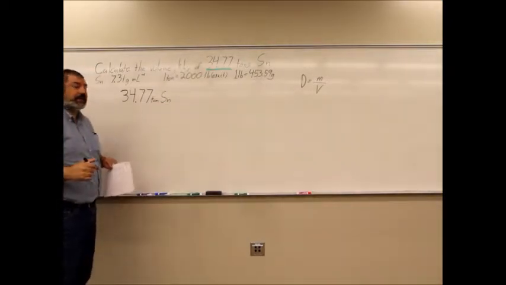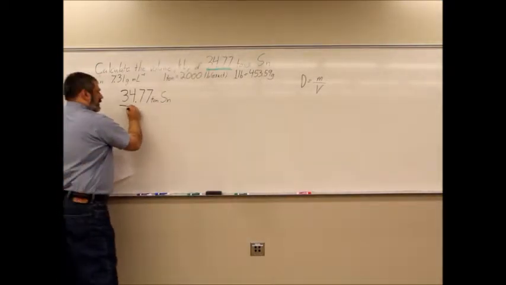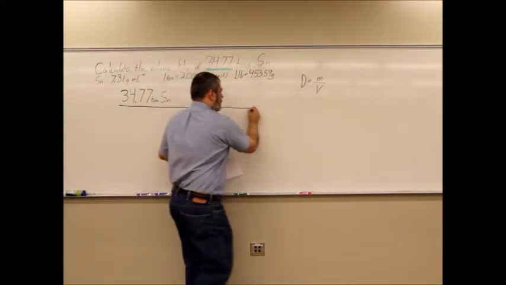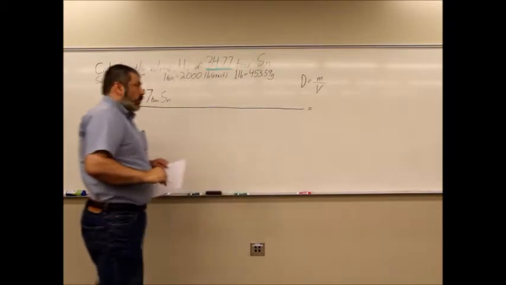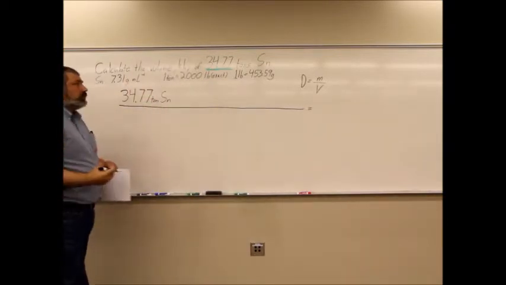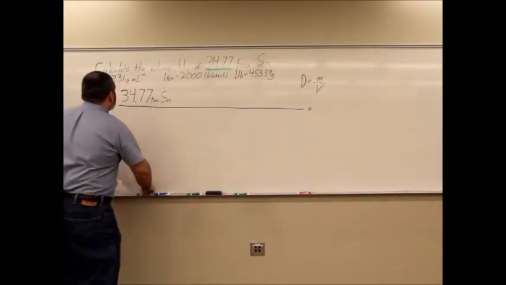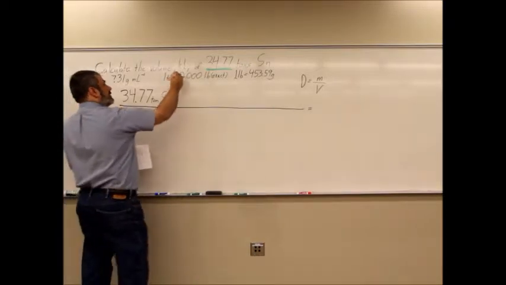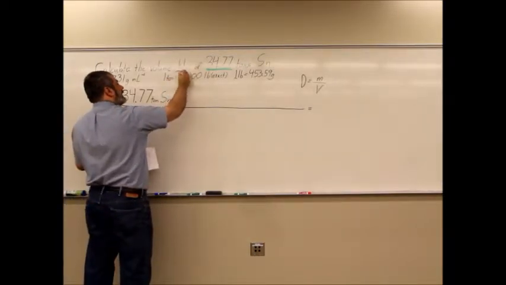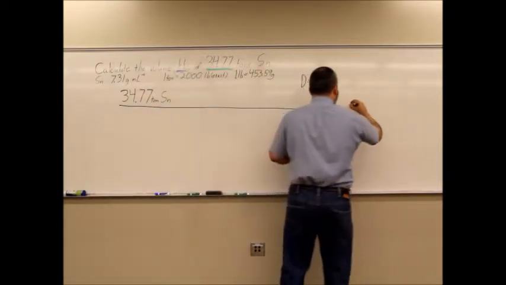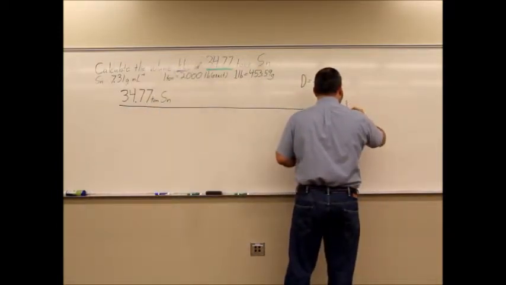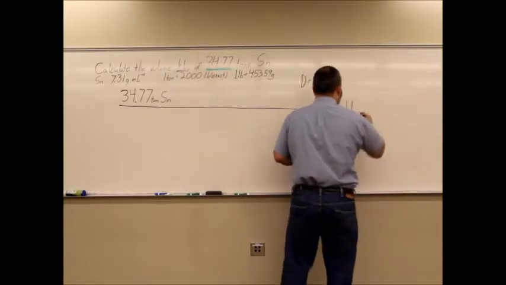Doesn't matter. Now we draw out a grid. What is the final unit of our answer going to be? Well, that's actually given to you as well. Kiloliter. So it's going to be some number with the unit of kiloliter.